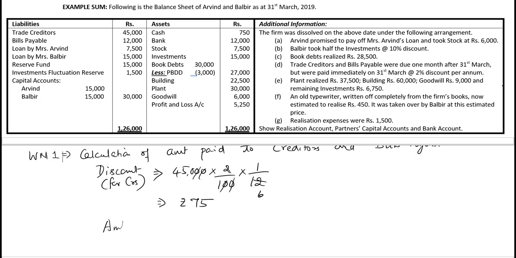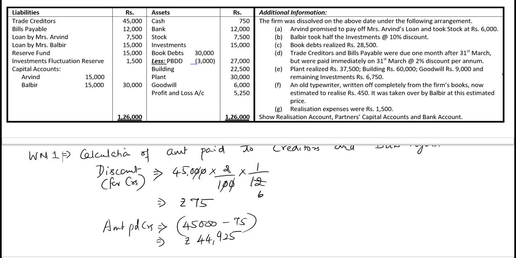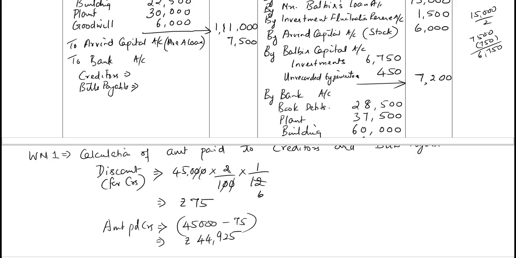Therefore, amount paid to creditors is equal to 45,000 rupees minus the discount 75 rupees, or rupees 44,925. Let's insert this in the realization account. Amount paid to creditors 44,925.